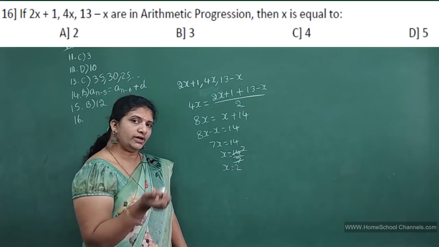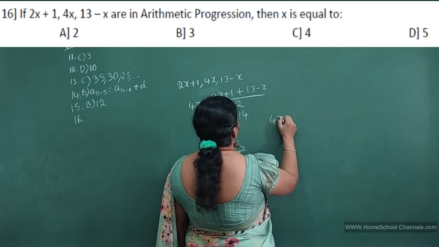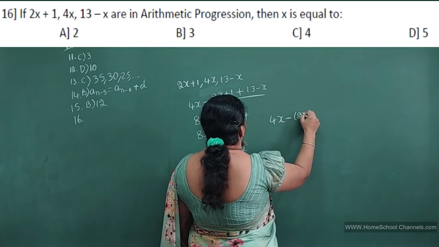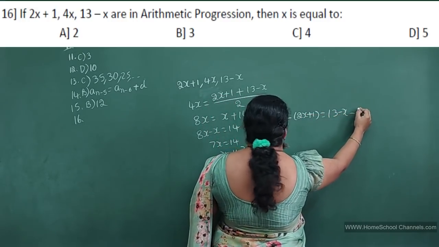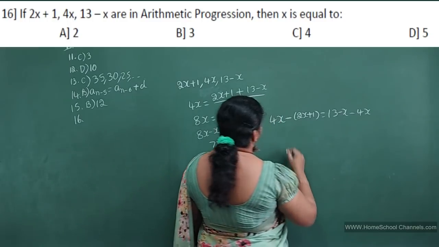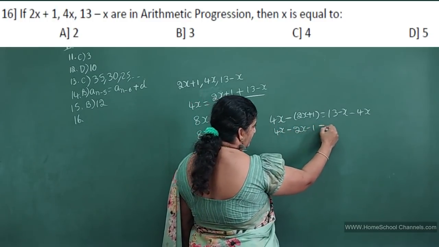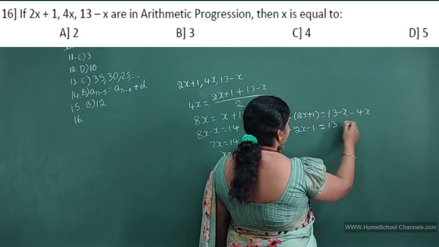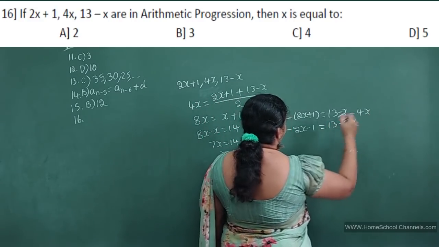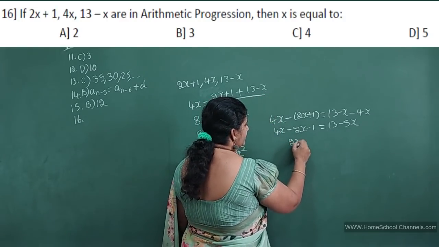Another method, if you want, that method also I am going to show here. That is a2 minus a1 is equal to a3 minus a2. Remove from bracket. Minus 2x minus 1 is equal to 13 minus x minus 4x, it will be minus 5x. And here 4x minus 2x will be 2x.